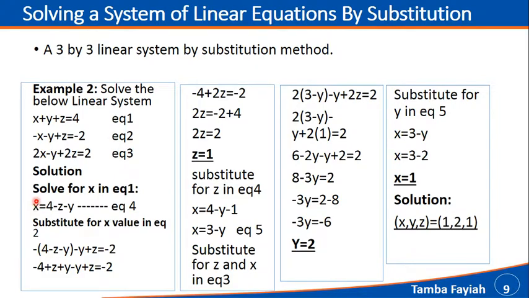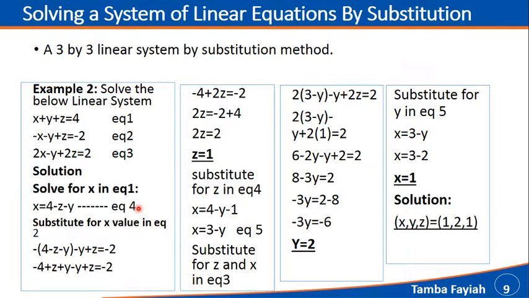So doing that, I will have x equals 4; if I take this across, it becomes minus z, and then I take this across, it becomes minus y. So that is where I get this from. I call it equation 4 because I want to reference it later on. You could leave it without naming it.